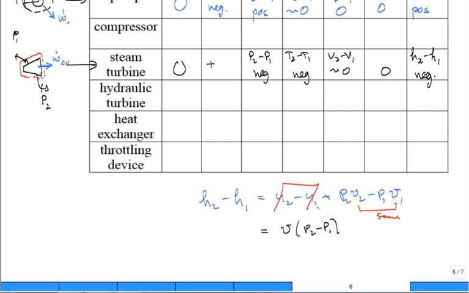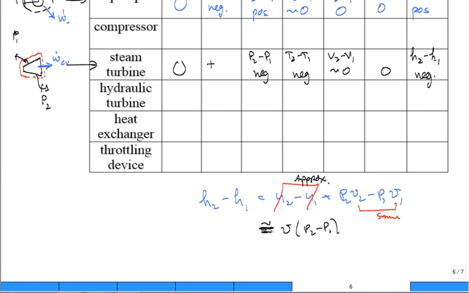Great. I know it's not good to 18 significant digits because there is a slight increase in temperature, so this is approximate right here, although it's a great approximation. But this is also approximate, and it's a great approximation. V dP, specific volume times the change in pressure, is the increase in the enthalpy across that pump.